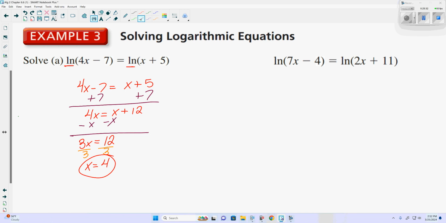What would we do for the next one? 7x minus 4 is equal to 2x plus 11. Yes. Since the logs are the same and we have one on either side, 7x minus 4 is equal to 2x plus 11. Yes, we can add 4 to both sides. So 7x is equal to 2x plus 15.